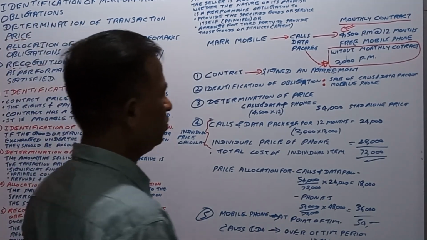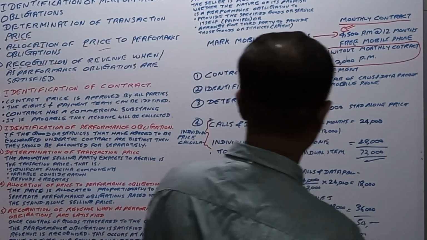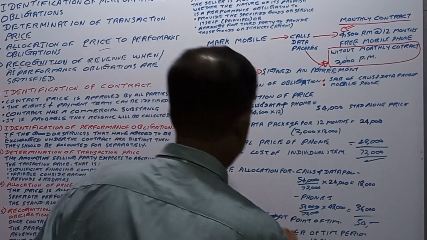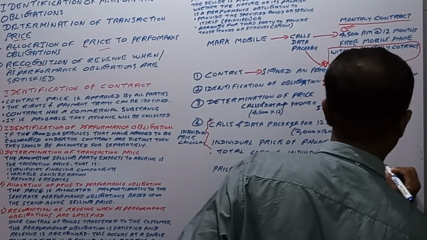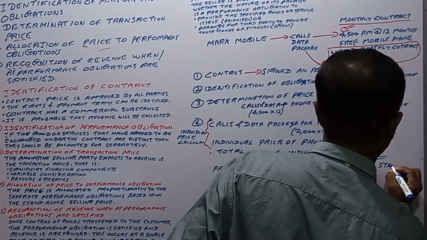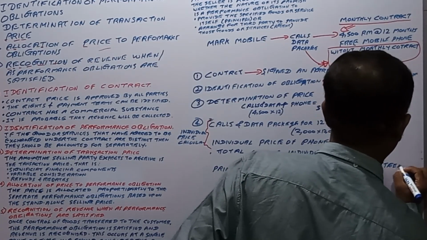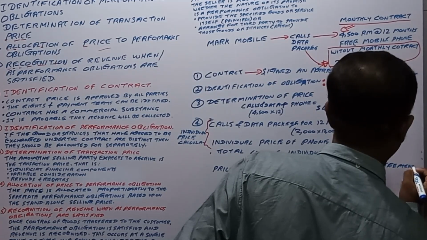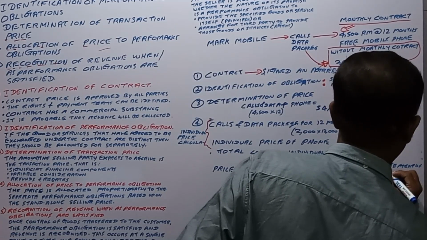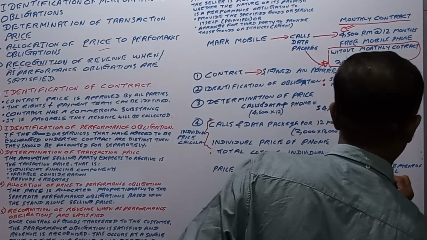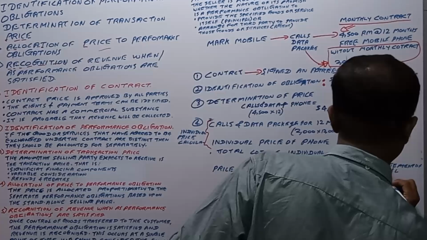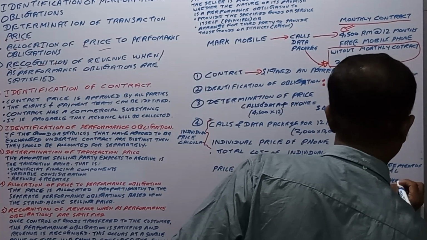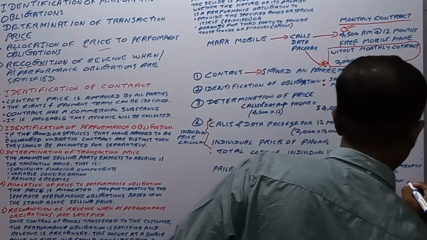You can show it in the profit and loss statement, revenue 54,000.